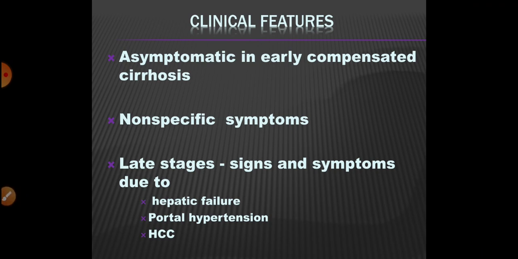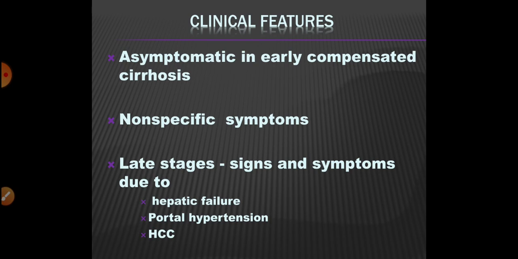Coming to the clinical features of cirrhosis, in the early stages when the liver function is well compensated by hyperplastic parenchymal nodules, the patient is asymptomatic or sometimes they may present with non-specific symptoms like easy fatigability, loss of weight, loss of appetite, and so on.